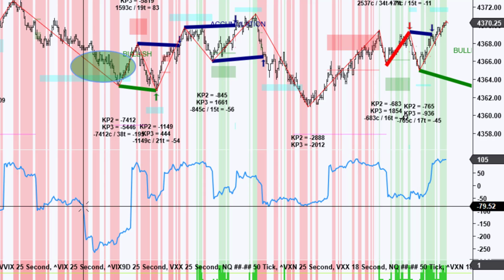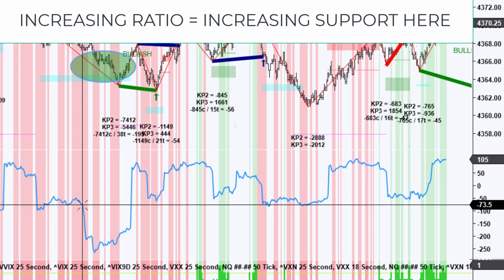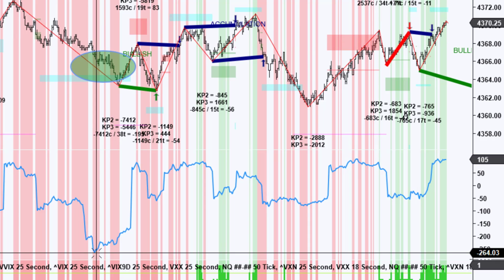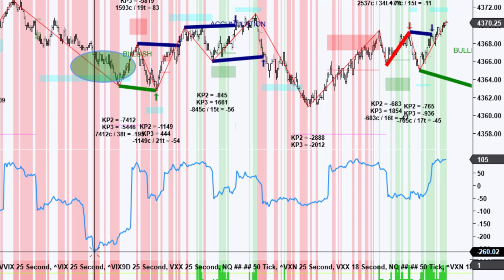At this bar right here, the ratio was about 73 contracts per tick. And as we got down and started with the Iceberg order, that number peaked at 260 contracts per tick as it was executing.